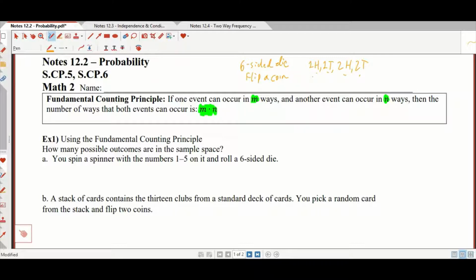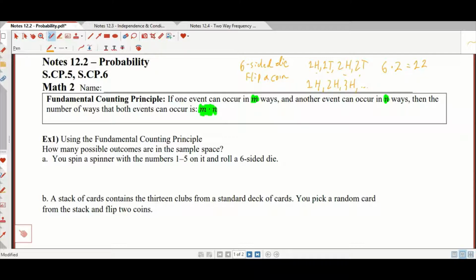Or if you prefer to think of it this way, there's one heads, two heads, three heads. I'm really just multiplying the heads by 6 and then the tails by 6. And in either case, there are 6 ways to get the six-sided die to go, and there are 2 ways to get the coin to go, and that's a total of 12 ways.